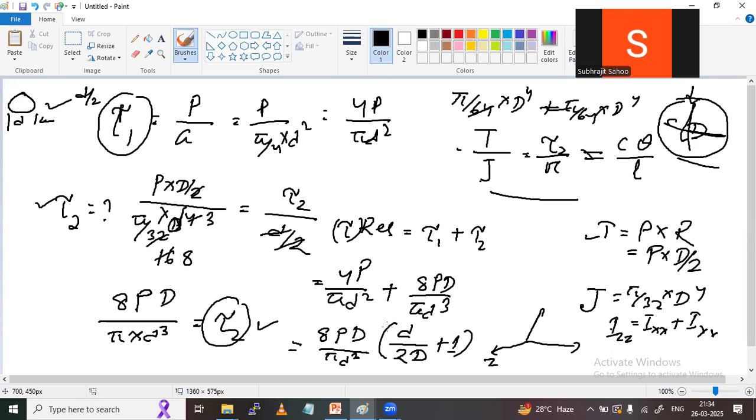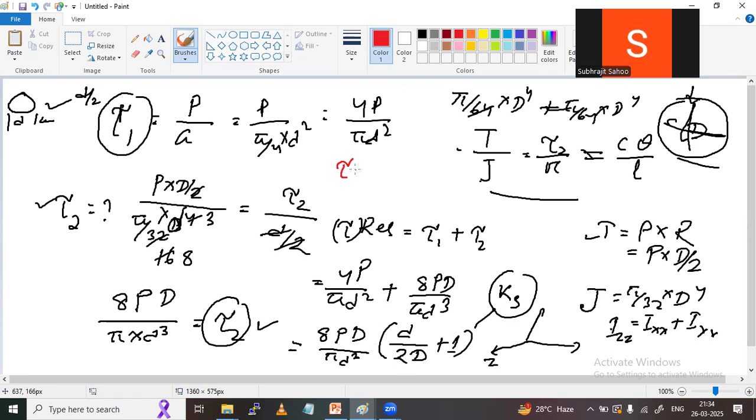So this term, d by 2D plus 1, is called the shear stress factor. This is called shear stress factor. This term is denoted by the symbol Ks, shear stress factor. If I replace this expression with Ks, then finally I will get the tau value.